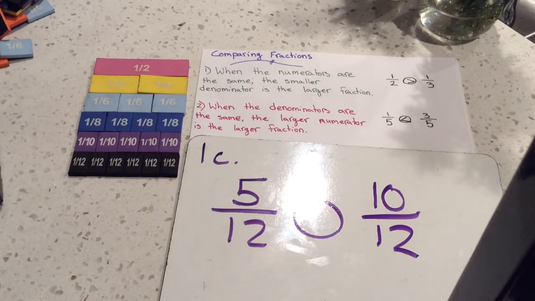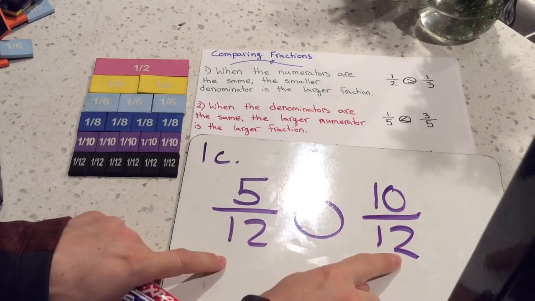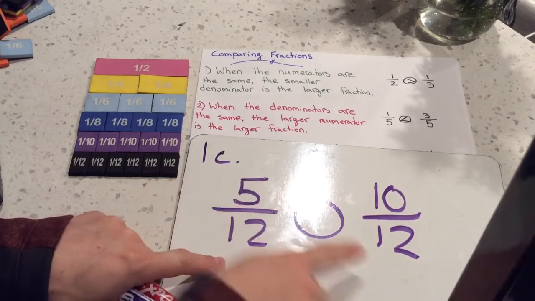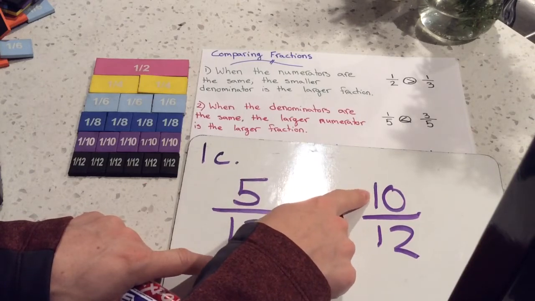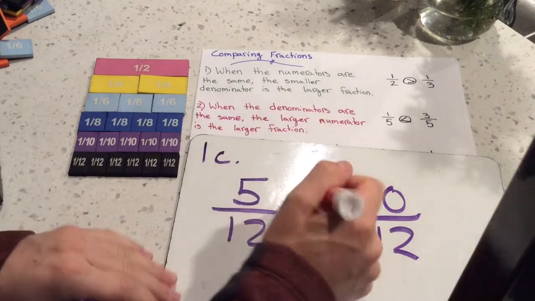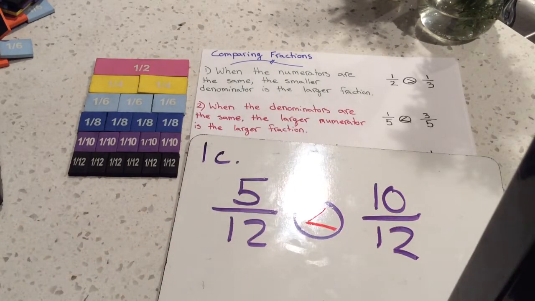This is an example of our second rule, and this says when the denominators are the same, the larger numerator is the larger fraction. So again, our denominators are the same, they're both 12. 10 is greater than 5. So 10 is the larger numerator, which tells us that 10/12 is the larger fraction. So 10/12 is greater than 5/12.